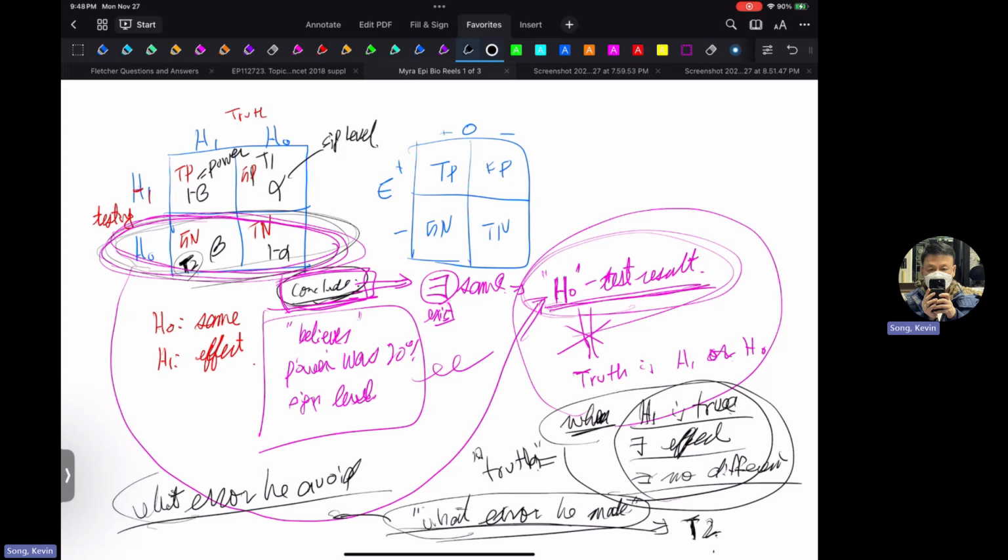And then he didn't make any mistake, that means H0 is the conclusion, and the truth is H0. So that's why he didn't make any mistake, right? So then we automatically say, oh, he correctly identified H0 when H0 is true. Okay, so that's how you solve the questions.